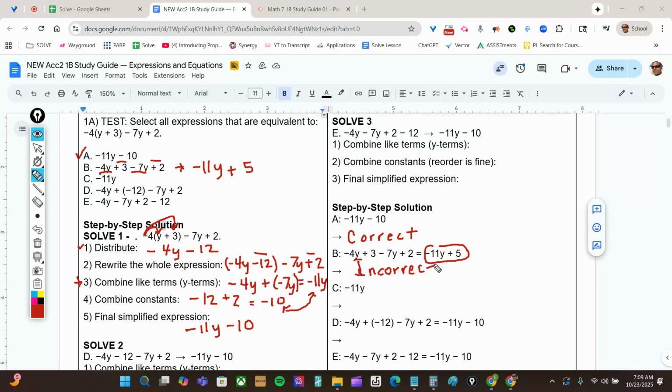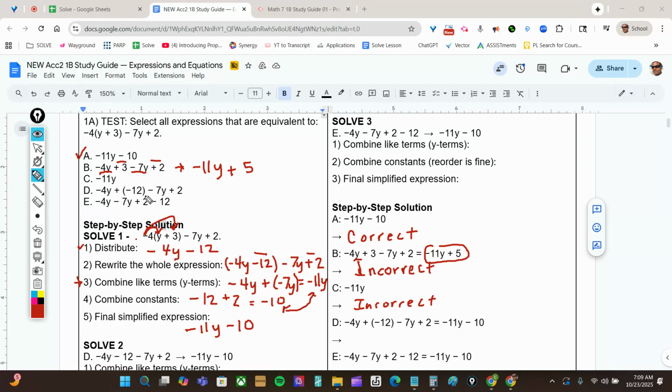Okay, and I'm going to have to delete this stuff in order to move down on the page. And we know that C is incorrect because it's missing the constant altogether. It's just got the negative 11y.